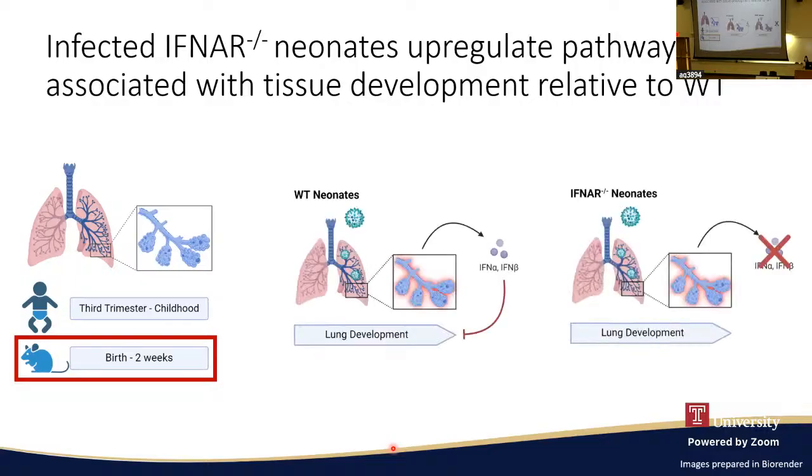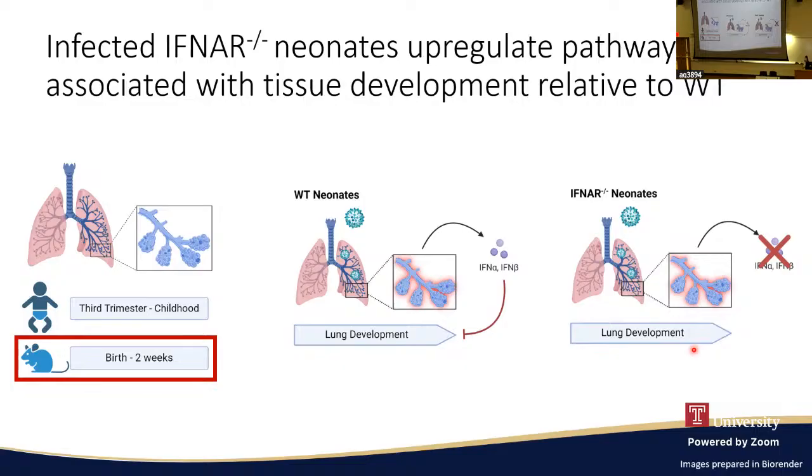However, in our model, when we layer flu infection on top of it, our data suggests that the type 1 interferons produced in the lung in response to flu infection feed back and block lung development in the wild type mice. But in the IFNAR neonates, where we take away this type 1 interferon signaling, lung development can continue on as normal.